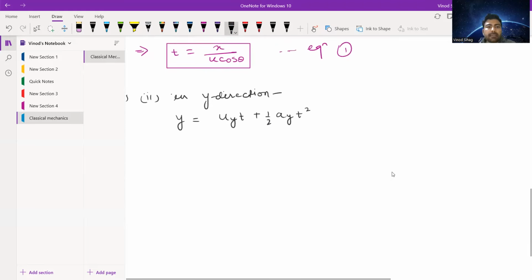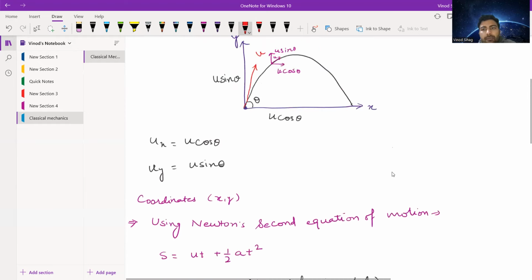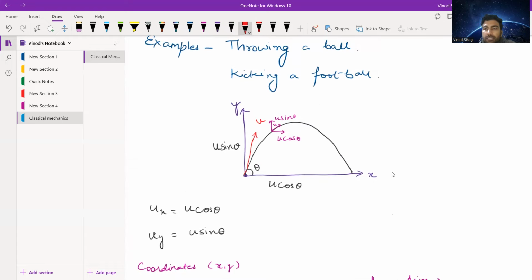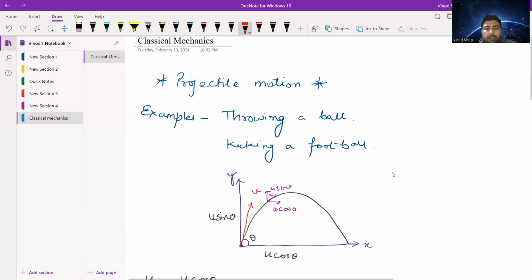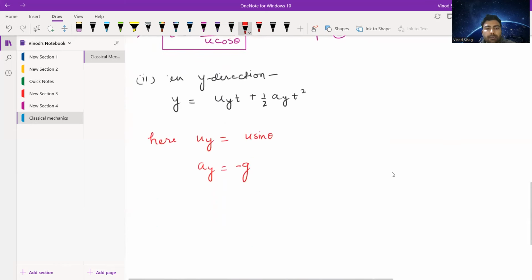And now we are going to see what the values for uy and ay are. So uy is the vertical component of the initial velocity, that is u sine theta. And what is ay here? ay is minus g. Why is it minus g? Because we know that the acceleration due to gravity is in the downward direction and the particle is moving in the upward direction. So that's why the acceleration due to gravity we have to take as negative.